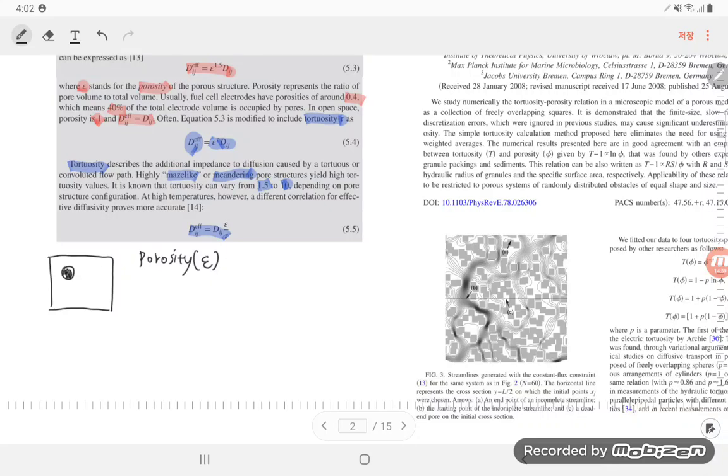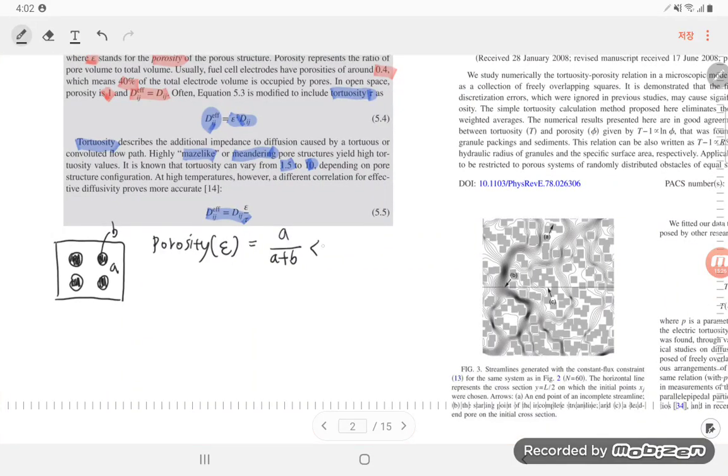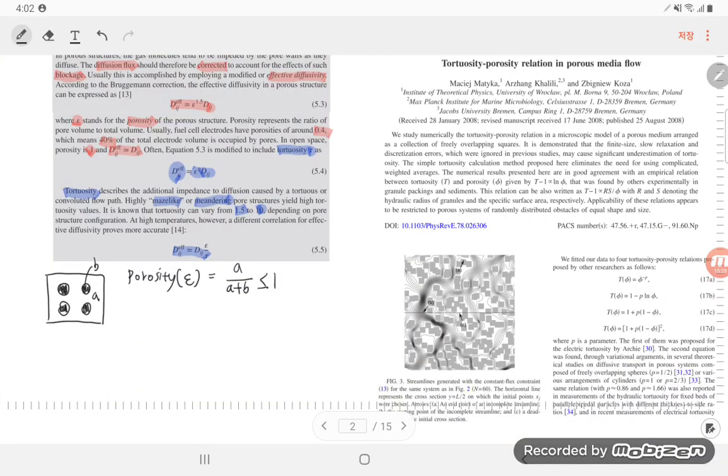If there is a blockage or material in here, let's assume this material as B, and the area of this one is A. Then the porosity is defined as A over the overall area. So it is smaller than or the same as 1.